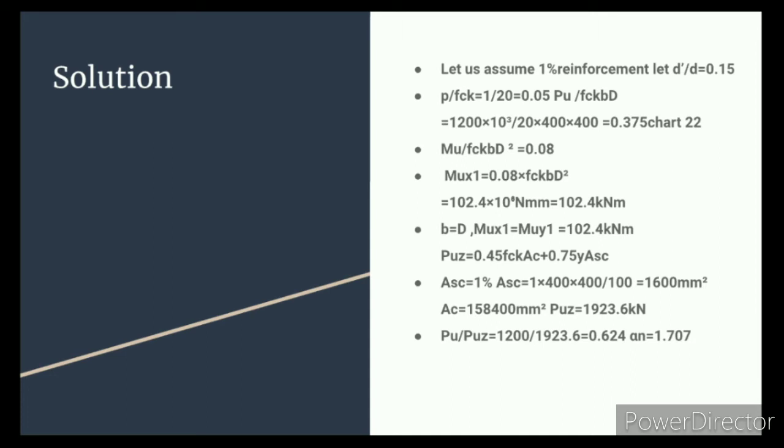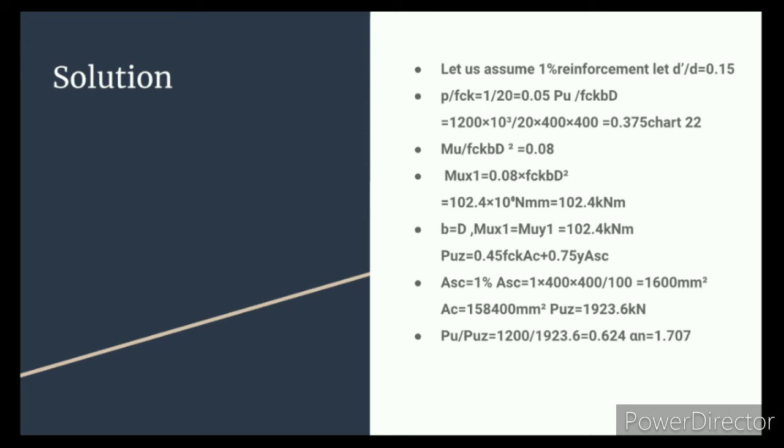Pz is equal to 0.45 fck Ac plus 0.75 fy Asc. Substituting the given values of fck, Ac, fy and Asc. Asc is equal to 1%, so Asc is equal to 1 into 400 into 400 by 100 is equal to 1600 mm square.